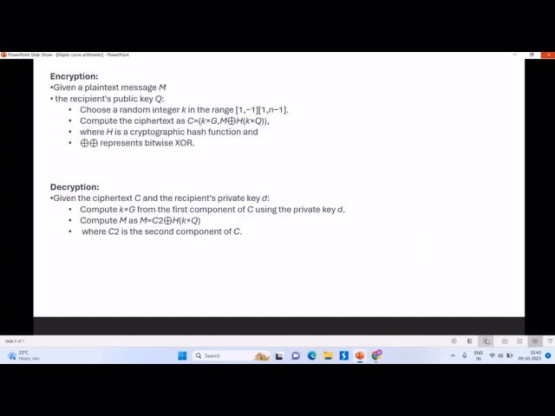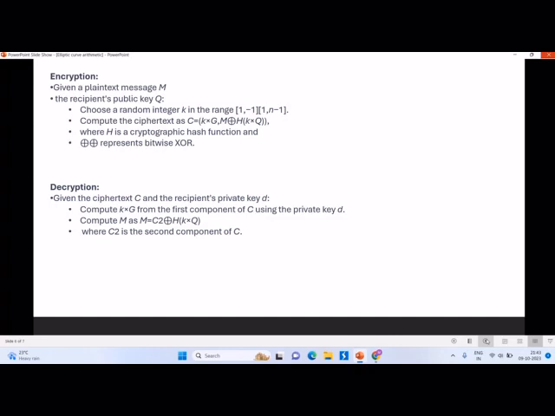Next comes the encryption. M is the plain text message. The recipient public key is Q. We choose a random integer k from the range 1 to n minus 1.